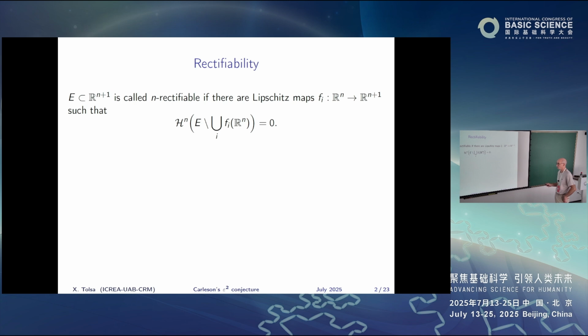This is n-dimensional Hausdorff measure. All right, and this family has to be countable at most.